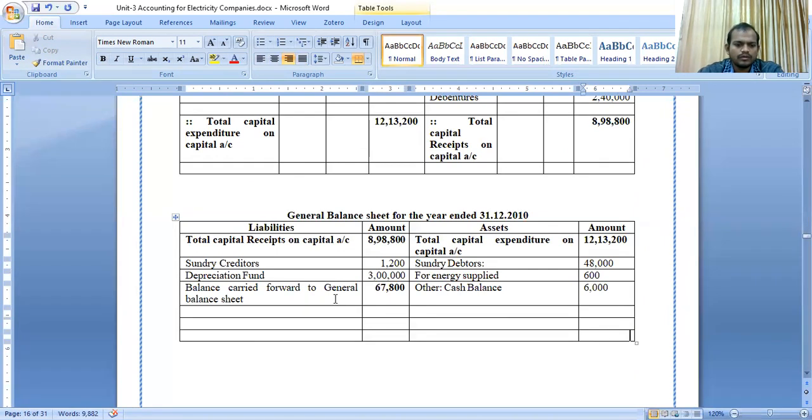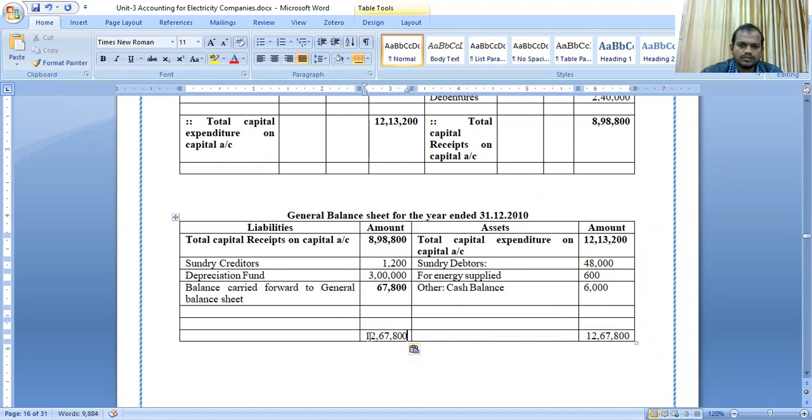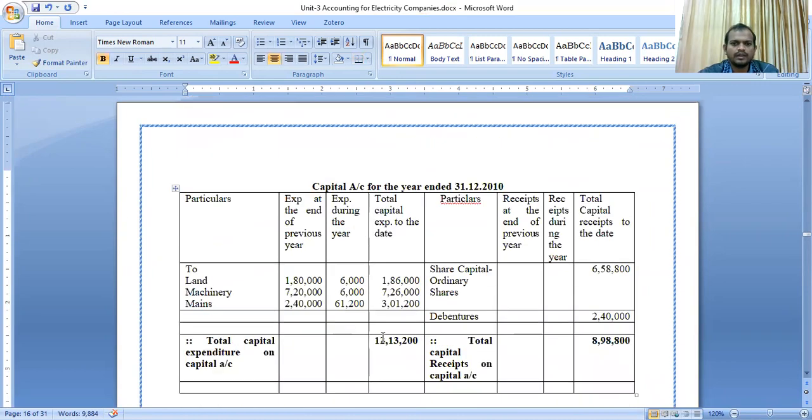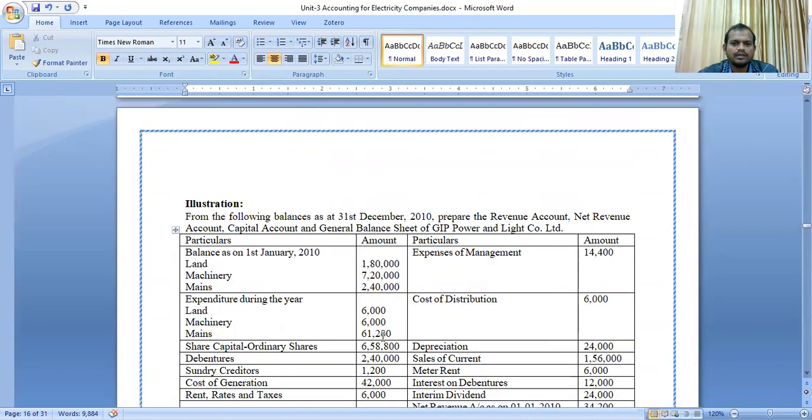So let us see whether it is equal to assets. So assets are 12,67,800. Liabilities are also 12,67,800. So this is the general balance sheet. This is how we have to prepare the final accounts of the electricity company.